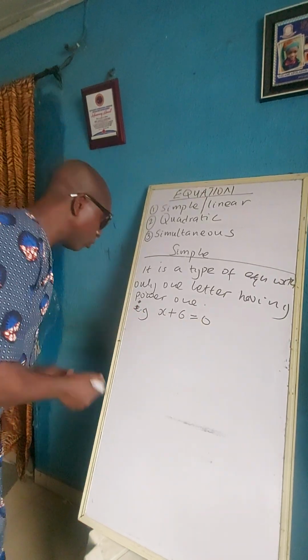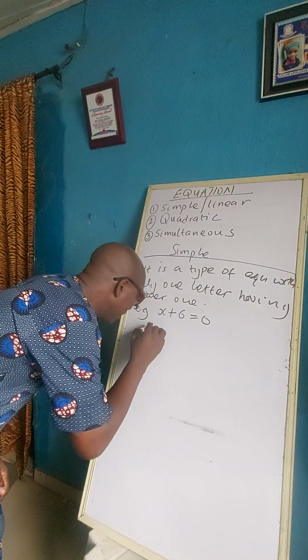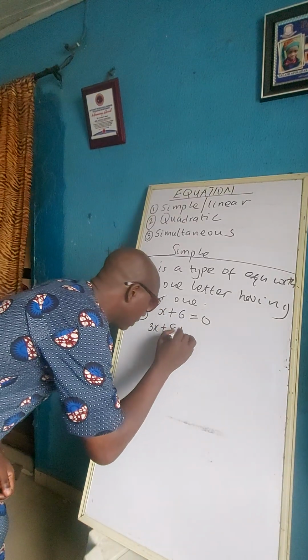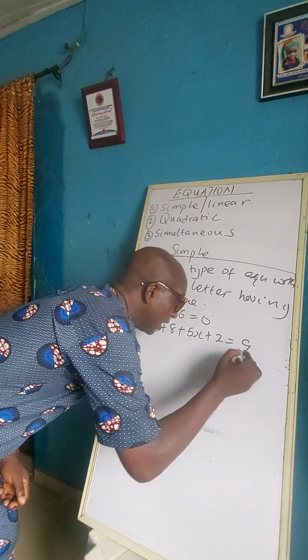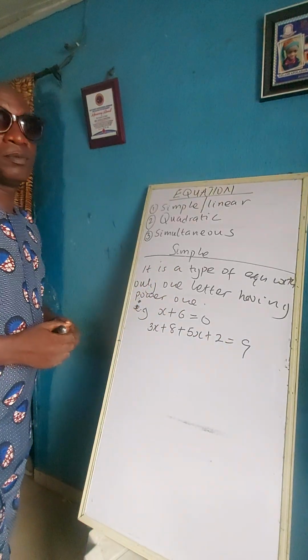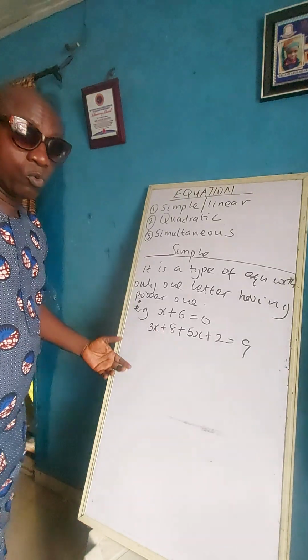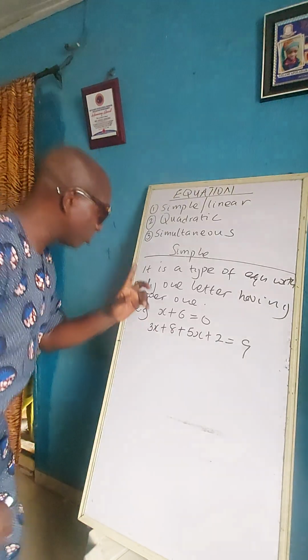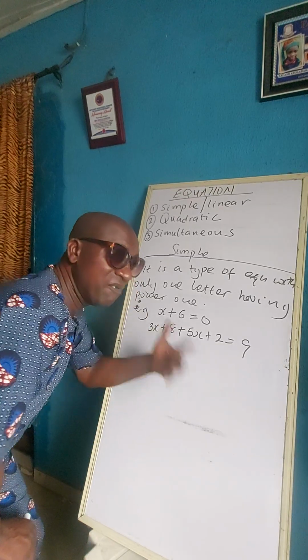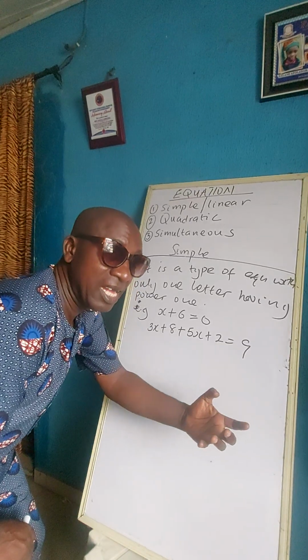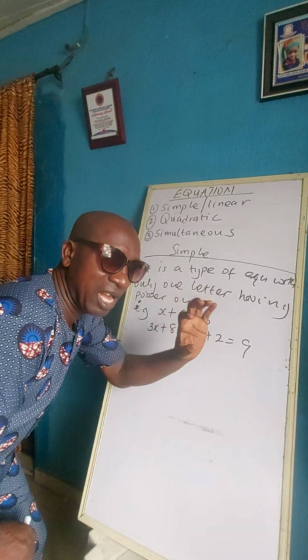It is a linear equation. 2, 3x plus 8 plus 5x plus 2 equal to 9. This is also a simple equation. Why? It has only one letter, here x. It can have repetition of the same letter, but not a different letter.